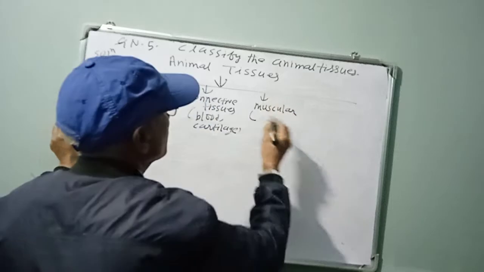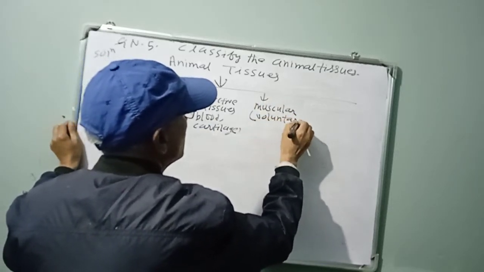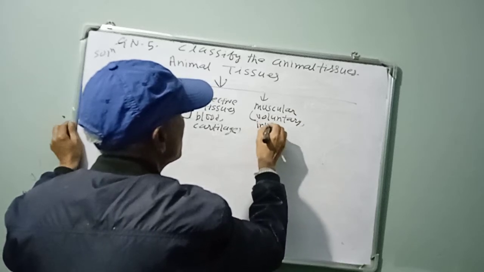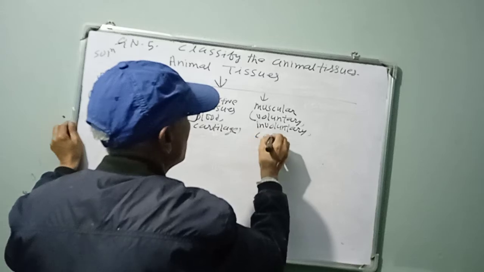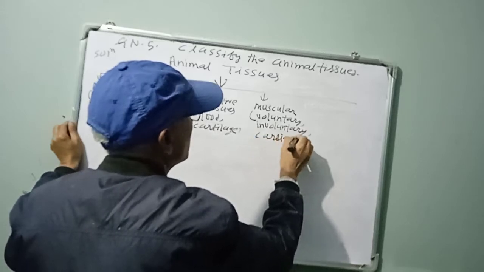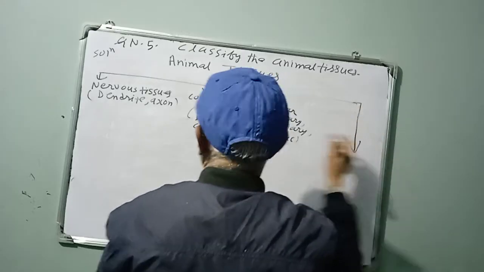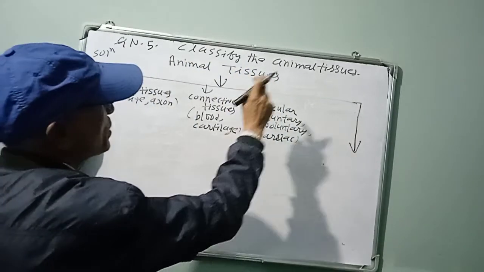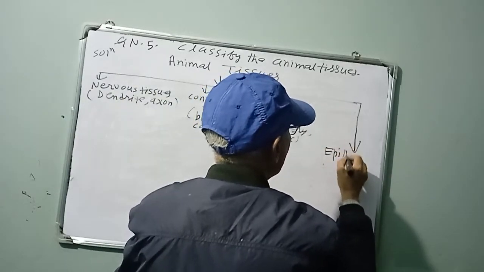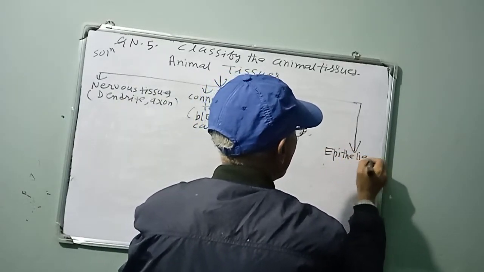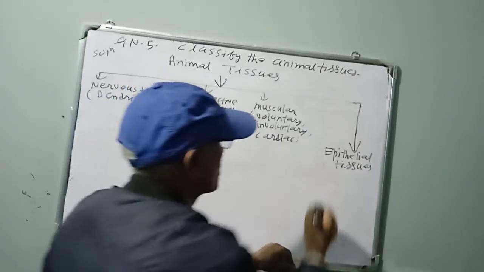Muscular, mainly voluntary, involuntary and cardiac. Another is nervous tissue, connective tissue, muscular tissue and epithelial tissues. Epithelial tissue or epitheliums.